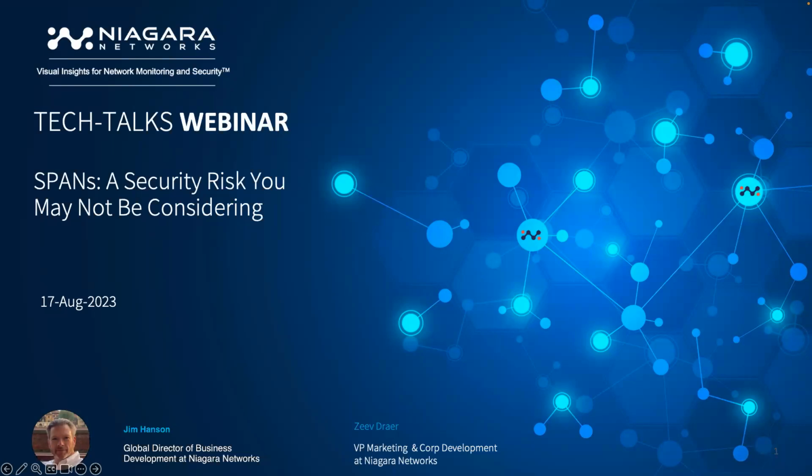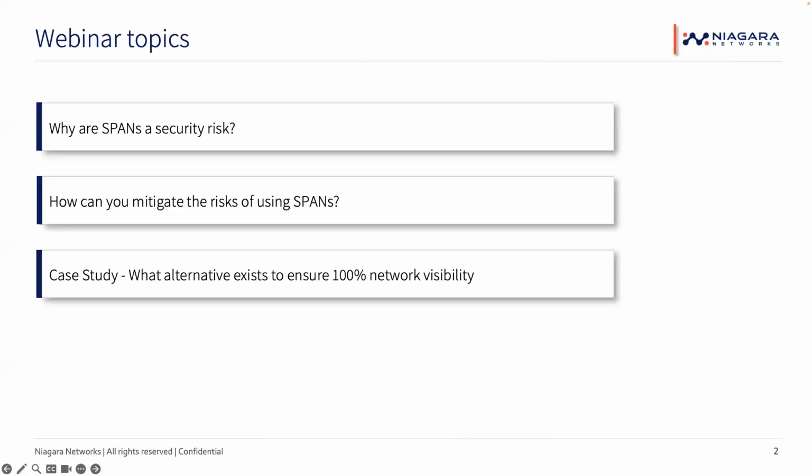Prior to joining Niagara Networks, I was a security engineer for 30 plus years for some of the leading NDR, APM, NPM, and packet broker companies out there. So I have personally seen some of the risks that improper use of SPAN can present in today's modern infrastructure.